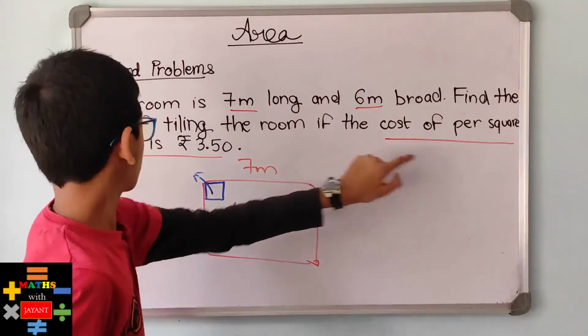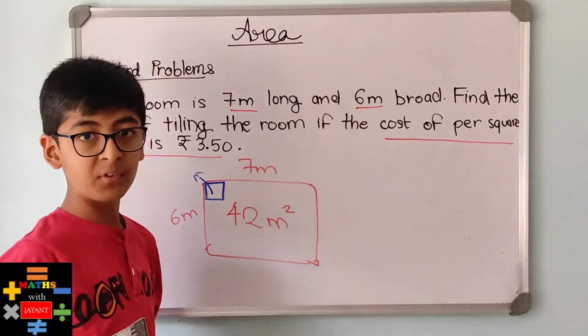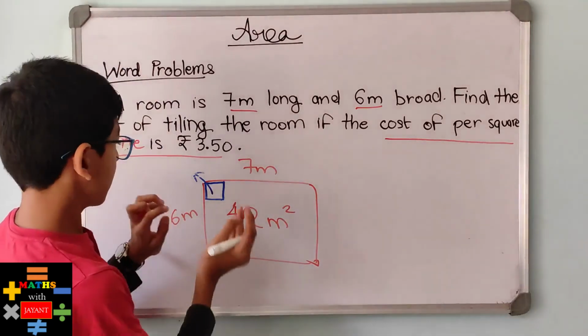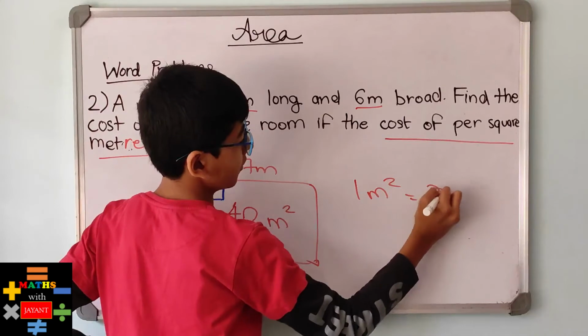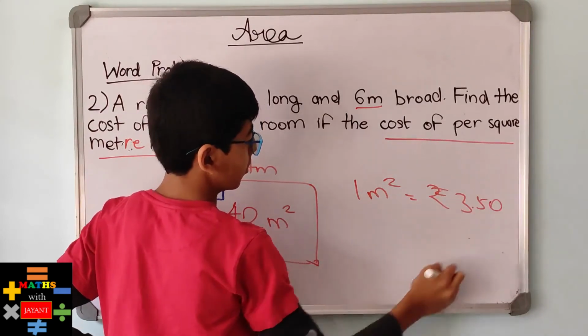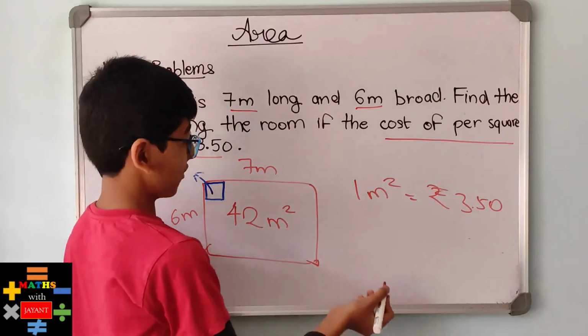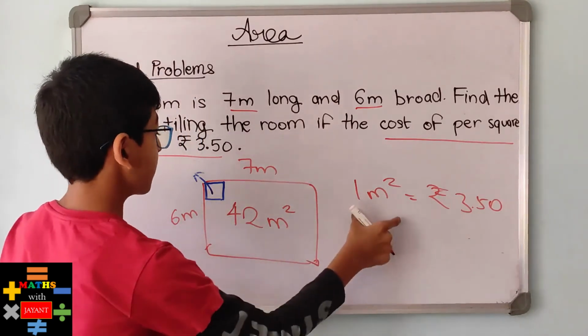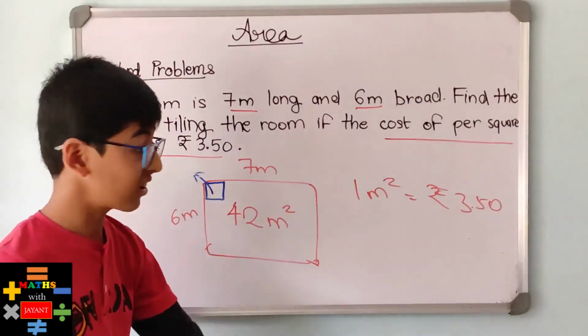Now for per square meter is 3.50 rupees or 3 rupee 50 paisa. So for 1 meter square, rupees 3.50. Like this we need to put 42 tiles, right? For 1 meter square, and over here it's 42 meter square. So we'll put 42 such tiles.